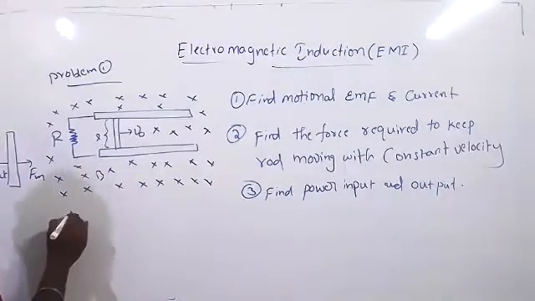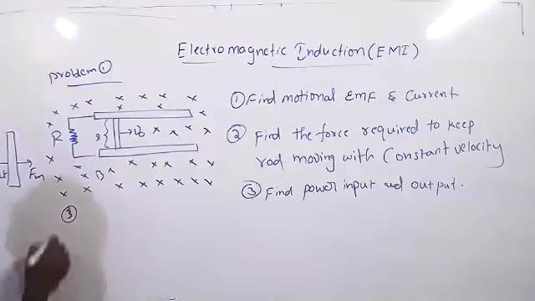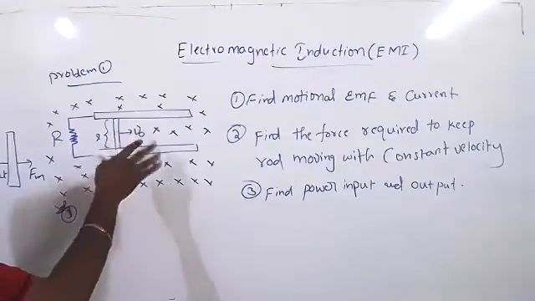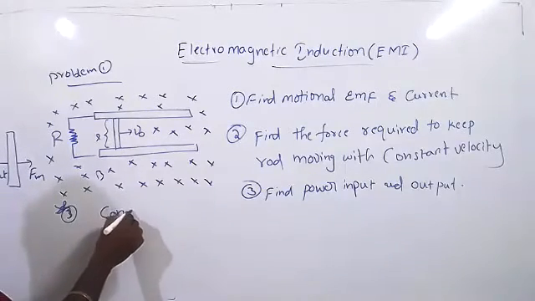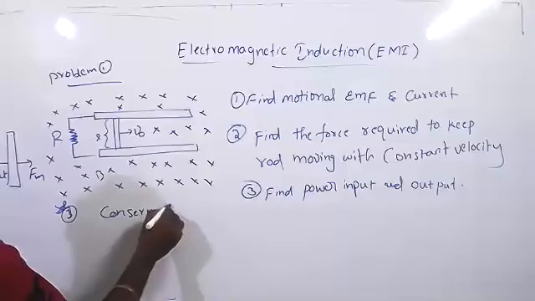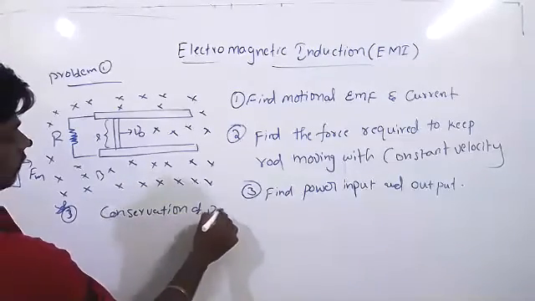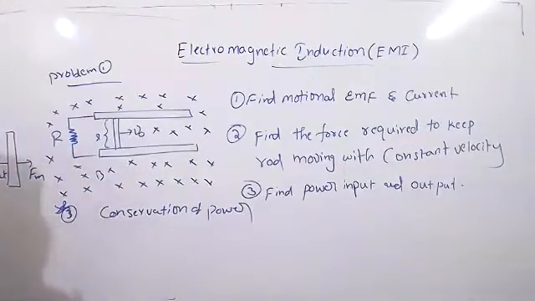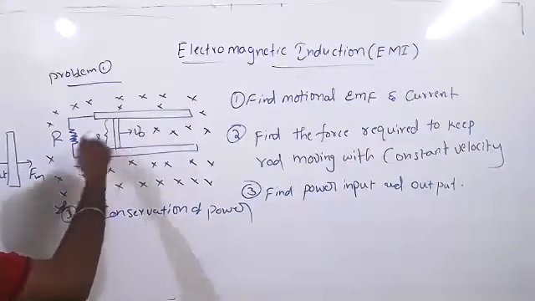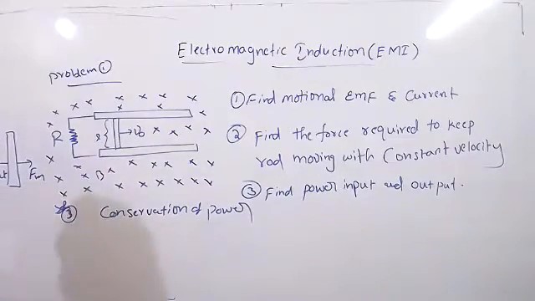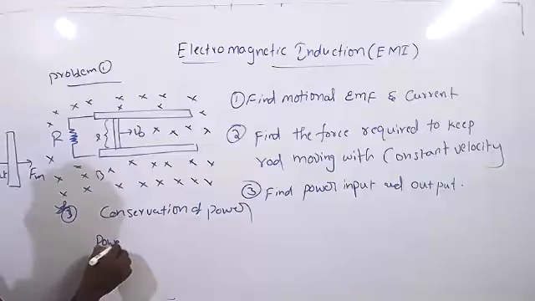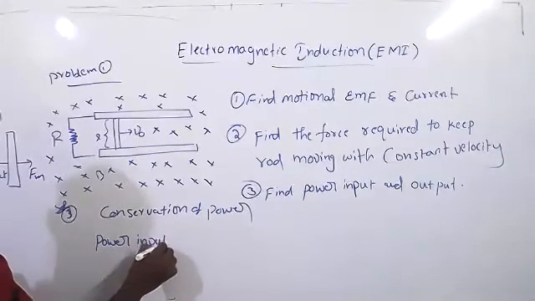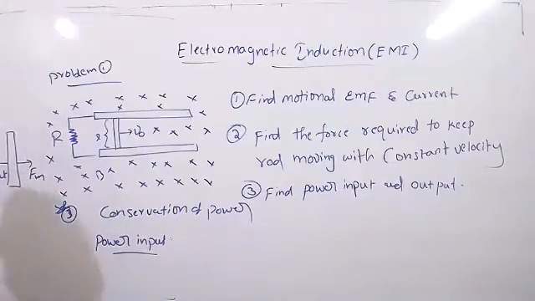Find power input and output. Here, third question solution. How much power we are giving as input, that much power we will get as output. Here we use conservation of power. How much power we are giving as input, that we are going to calculate.